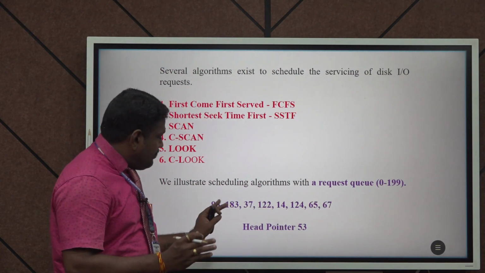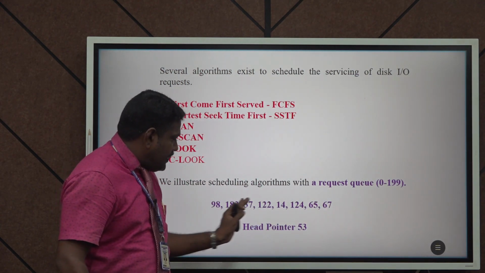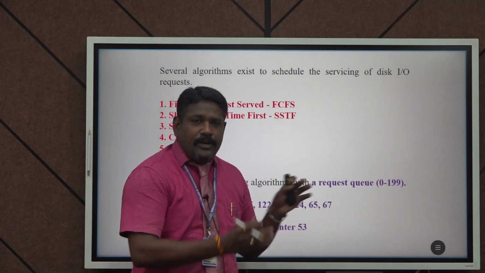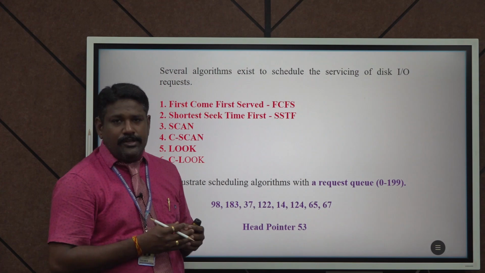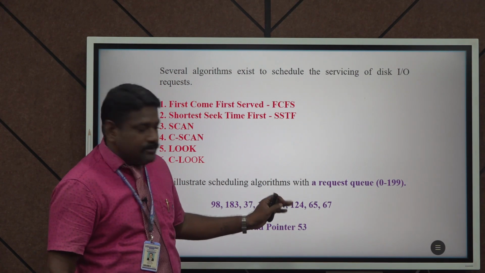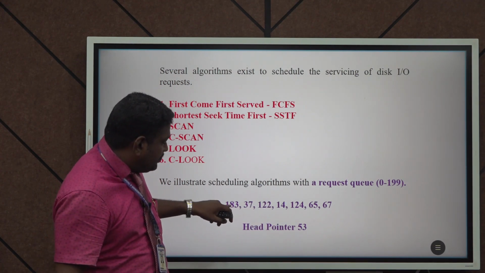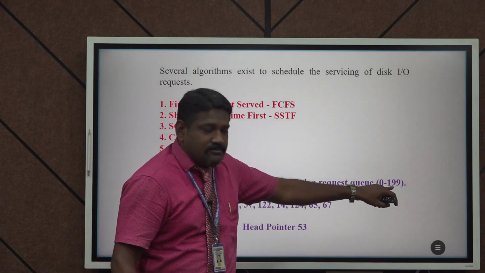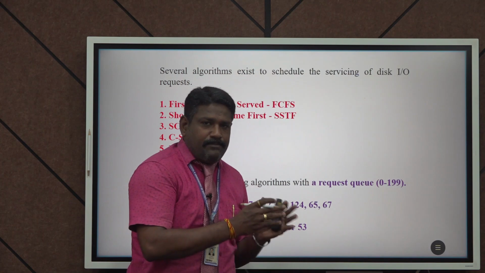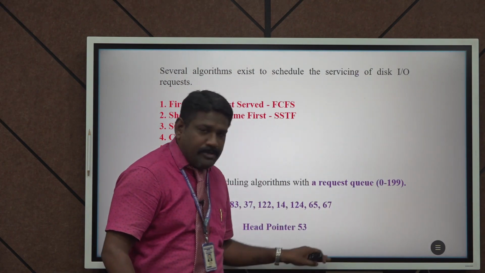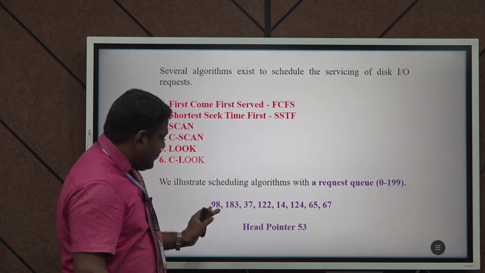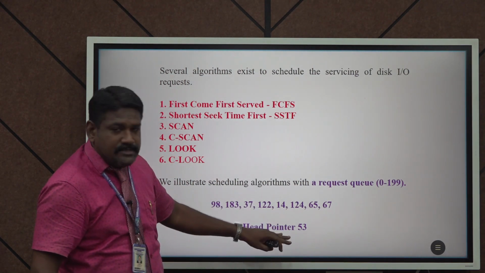For example, if the problem gives values from 14 and the highest value is 183, and if the range is not given, we have to consider the lowest value as 0 and the highest value as 199. If instead of 183 the value is 283, then we consider the highest value as 299. But in a problem normally these inputs will be given: the request queue, the lowest value and the highest range value, the different input values, and the initial head pointer position.